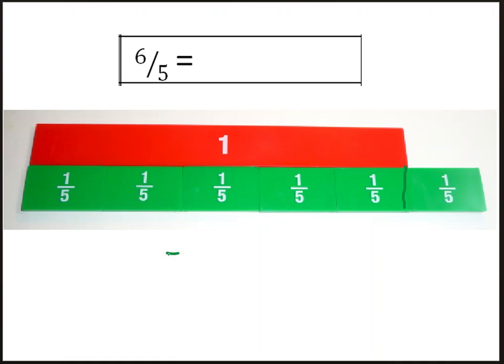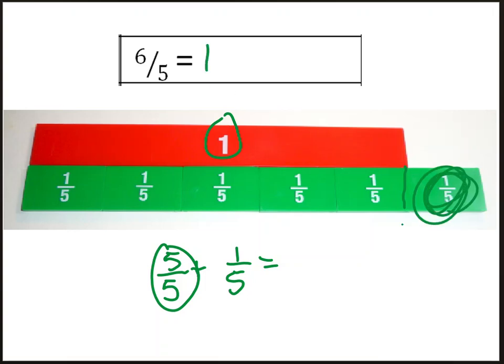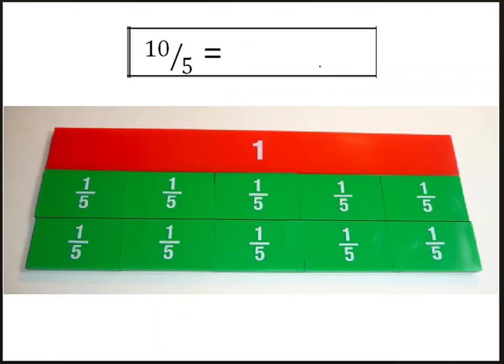That's the same thing as 5/5 plus 1 more fifth. Okay, 5/5 equals 1. And then you got this piece dangling off the end, so that's by itself, and that's 1/5. 5/5 plus 1/5 is 6/5, or it's 1 and 1/5. You get what's happening?